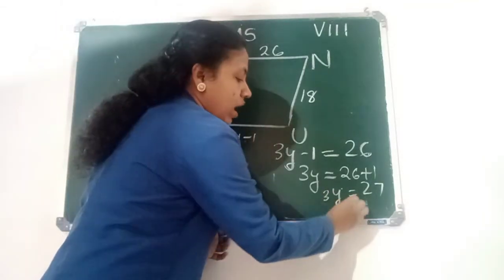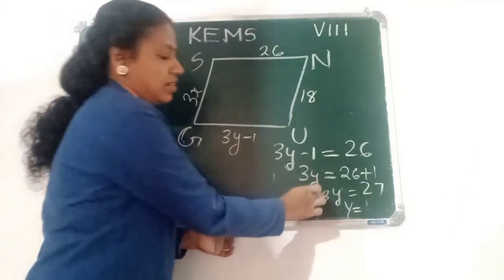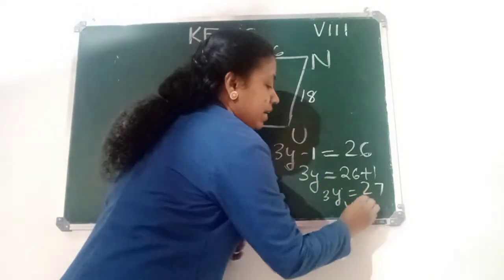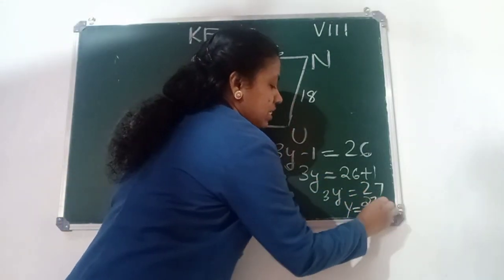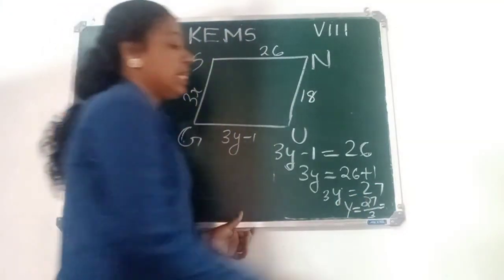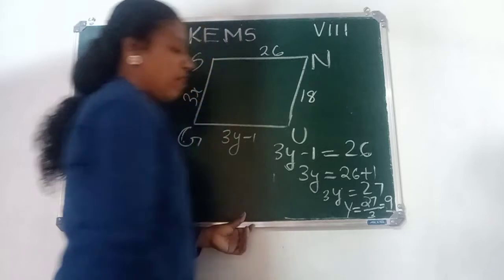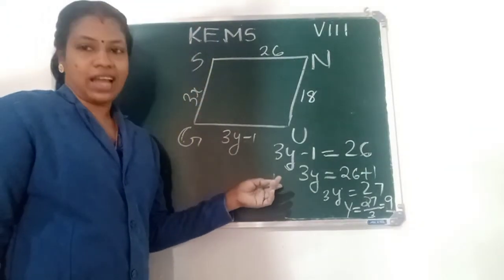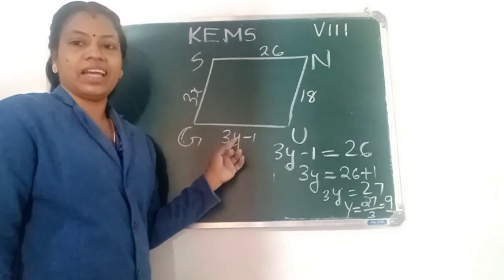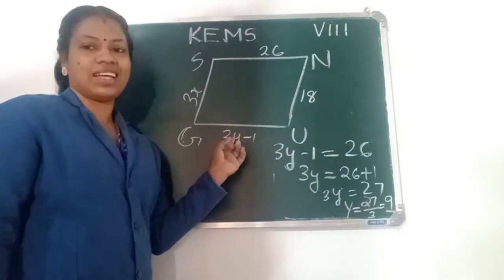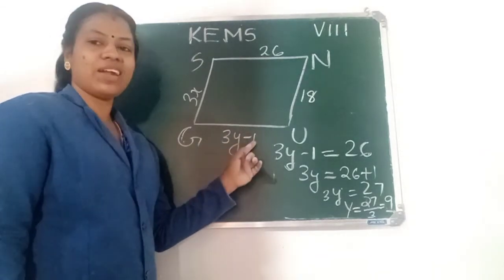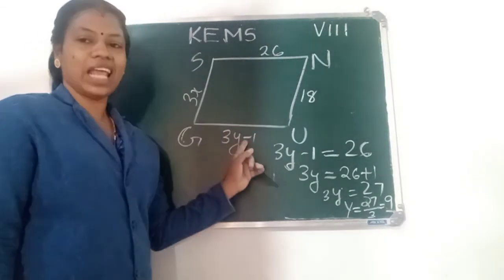Then what about y? Yes, 3 becomes divided by 3. 27 divided by 3 is 9. So the value of y equal to 9. Just put the value 9 here, you will get 26 as the answer. 9 into 3, 27. 27 minus 1, 26. So both sides are equal.